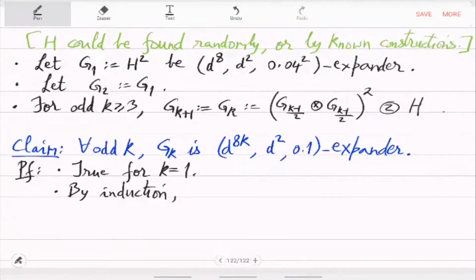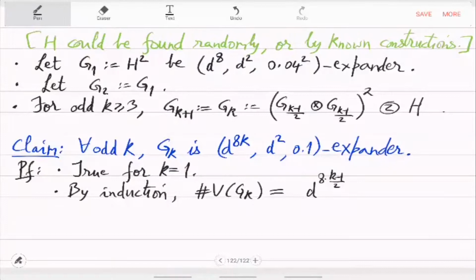So what is the number of vertices in GK? You have to recall the 3 products: tensor product, path product, zigzag product, and how the size of the vertex set grows. So d raised to 8 to the (k minus 1) by 2 is by the induction hypothesis on G of (k minus 1) by 2.